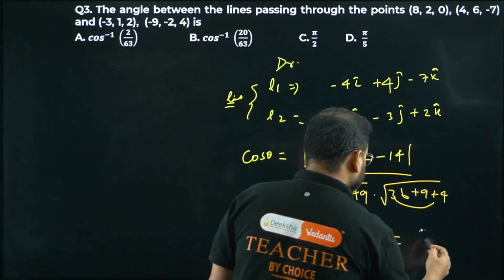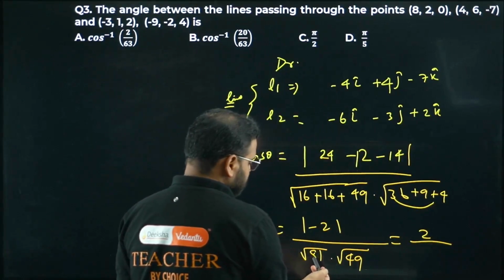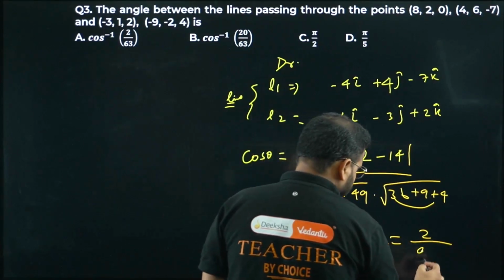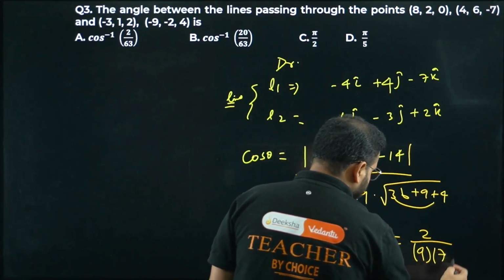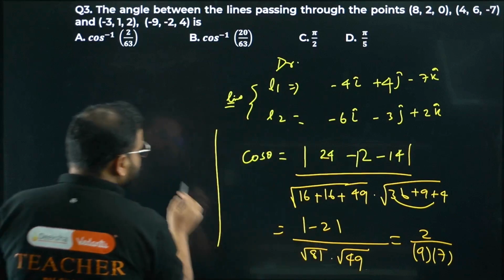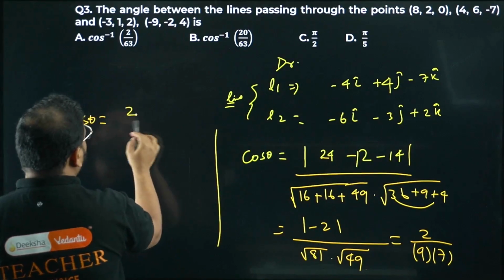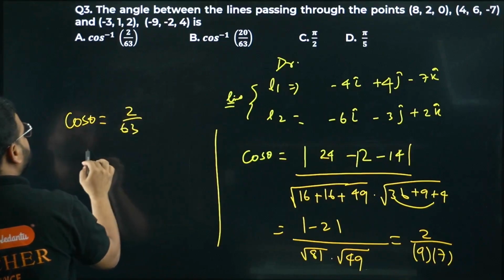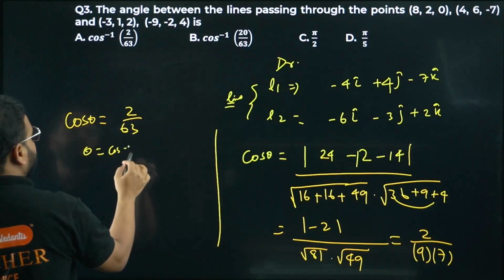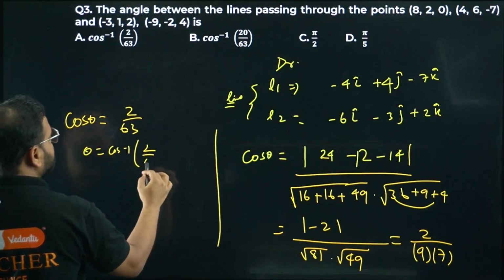How much is the answer? 2 upon, I get this as 9 into 7. So cos theta is nothing but 2 upon 63. So theta will become cos inverse of 2 upon 63.